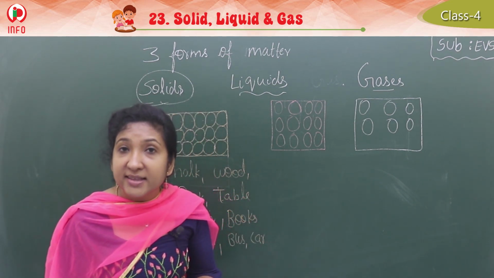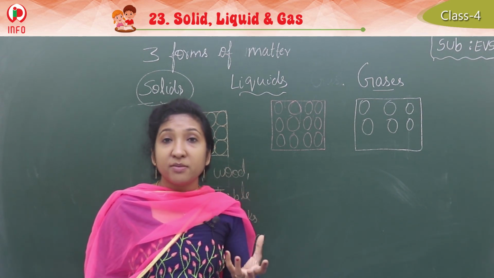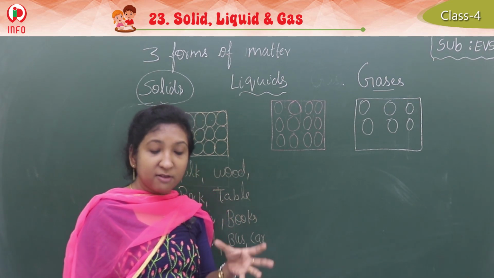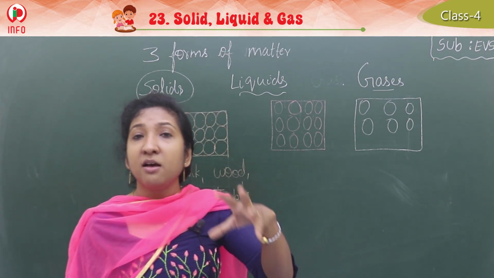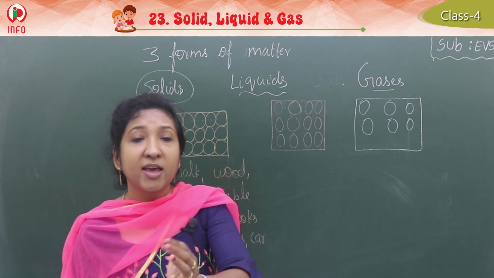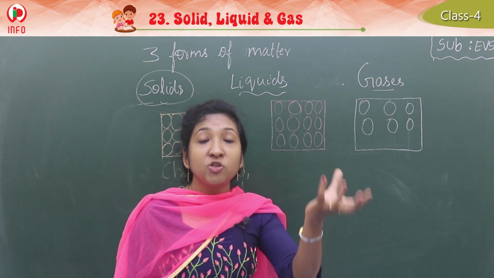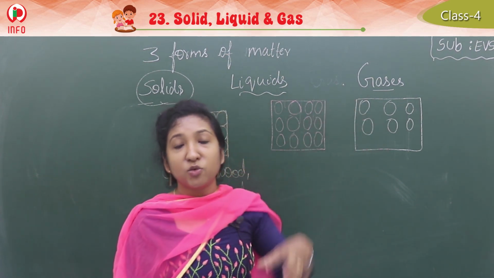Water is an example of a liquid. But the volume, the amount of space that liquid occupies, remains the same. Example we have seen, pouring water from a jug into a glass. It will take the shape of the glass when we pour the water into it.